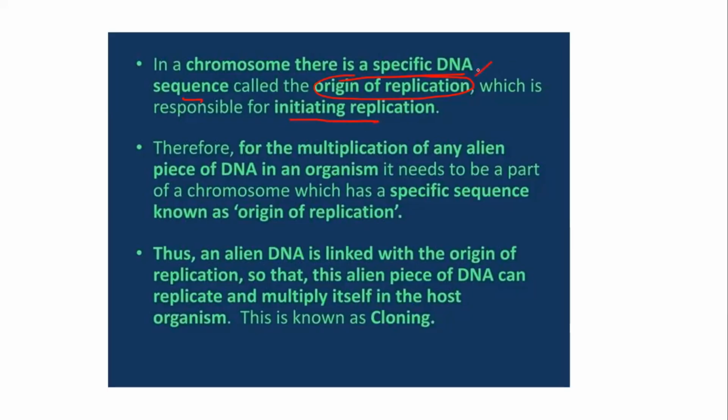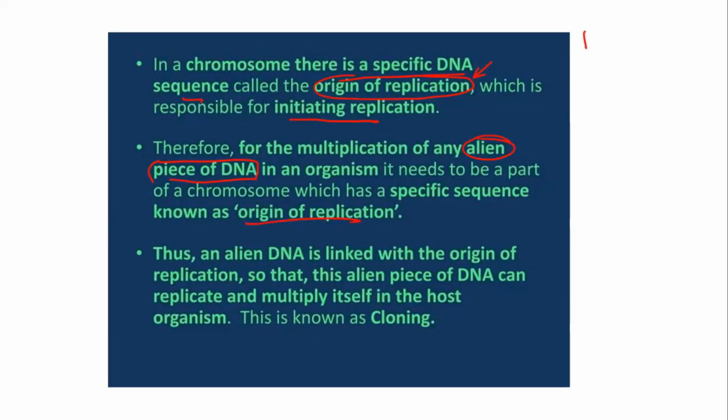This is a mandatory site in a gene for DNA replication. So similar to the case of DNA, in recombinant DNA technology also, we need this origin of replication. Now, for the multiplication of any alien piece of DNA in an organism, it needs to be a part of a chromosome which has a specific sequence known as origin of replication.